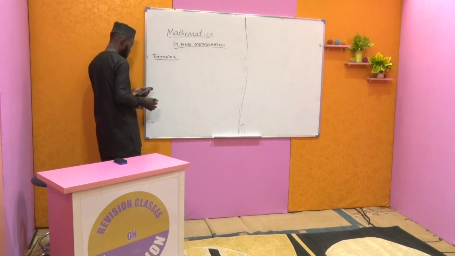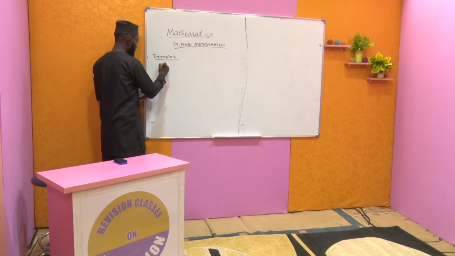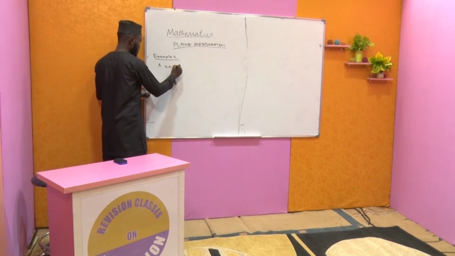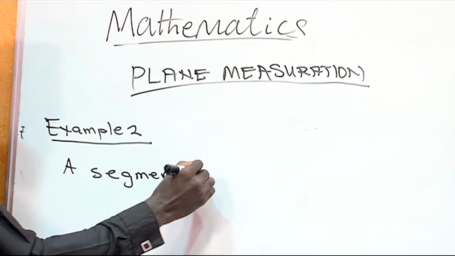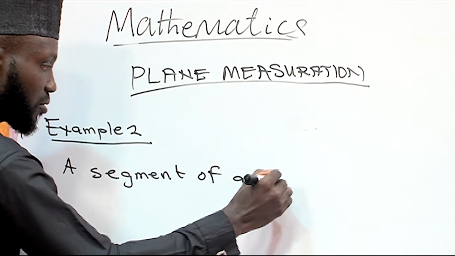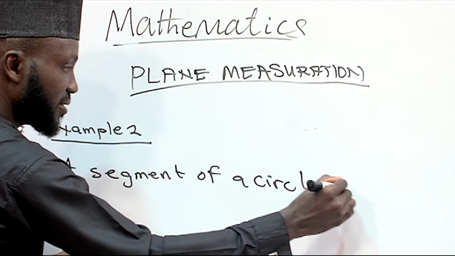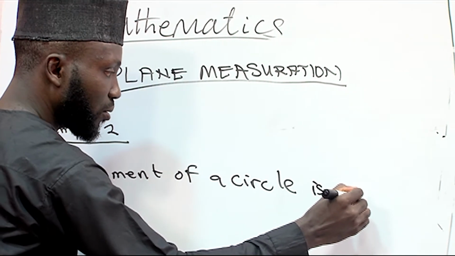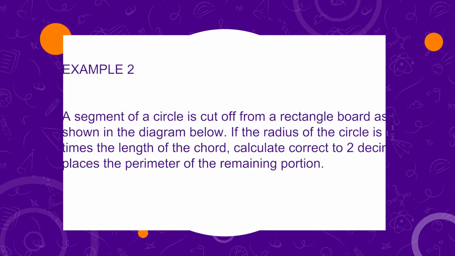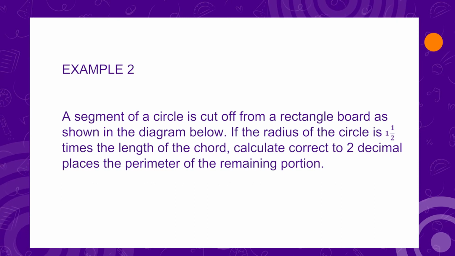Example 2, we are told that a segment of a circle is cut off from a rectangle board as shown in the diagram below.